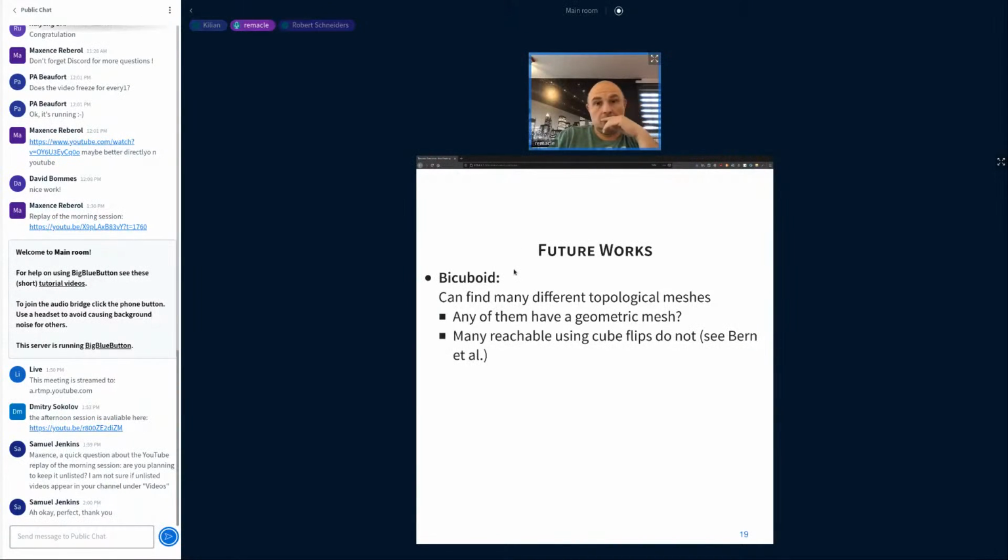Yeah, it seems to be a very interesting one. I never really looked into that, but did people study this more from, let's say, a Voronoi diagram point of view? Because if you could find some type of Voronoi diagram, then you would also always end up with a geometric mesh if you can guarantee to get only hexahedra.